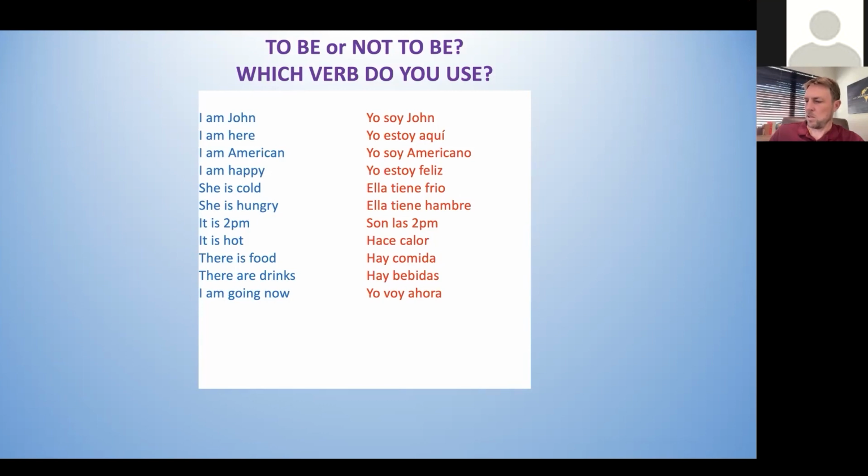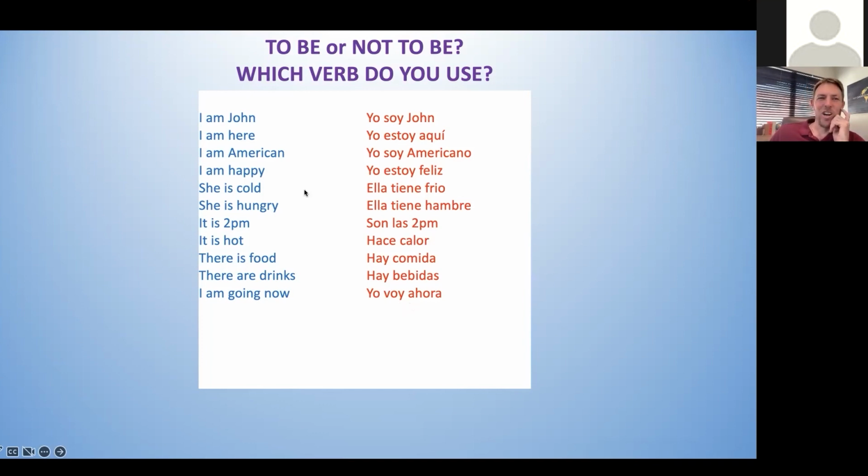And there's an accent on frío that I left out. I need to fix that. Son las dos. Hace calor. Hay comida. Hay bebidas. Yo voy ahora.